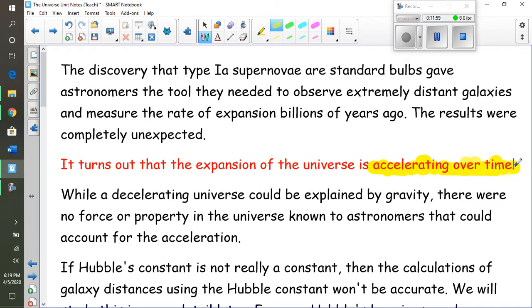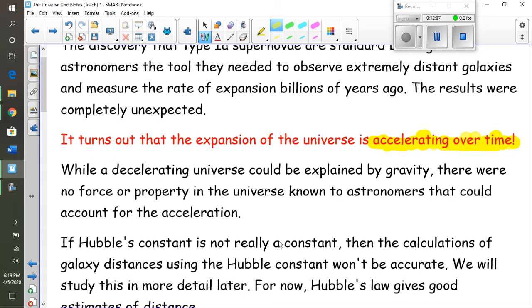That's not expected. So a decelerating, a slowing down of the universe would be explained by gravity. There's no force or property in the universe that we know of that could account for acceleration. For my physics students, remember that net force causes acceleration. If there's an acceleration, there must be a force that causes that acceleration.